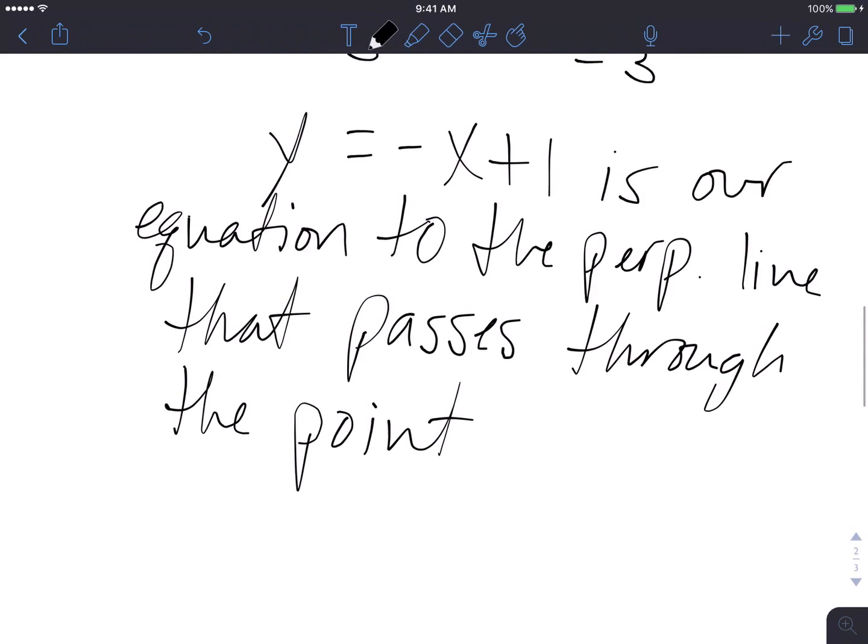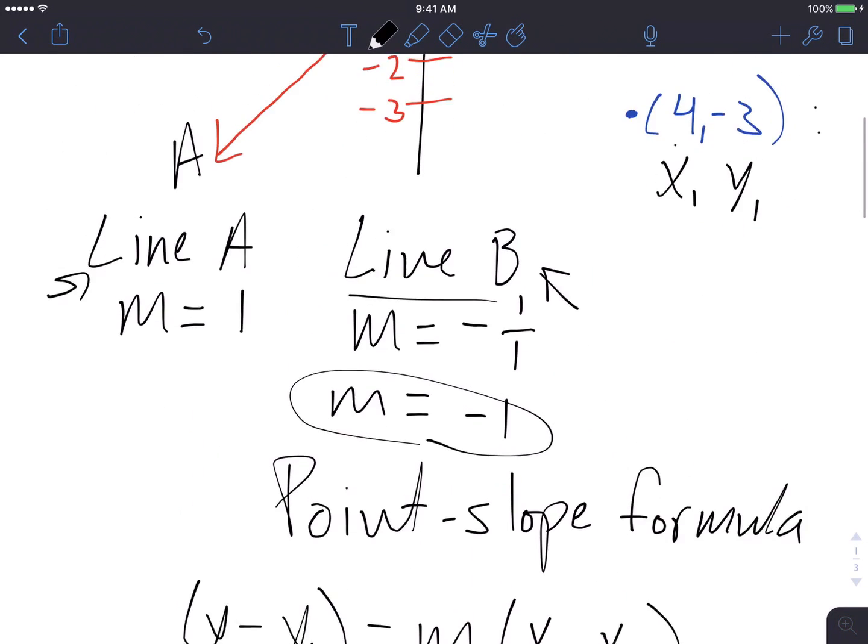Yep. 4, comma, negative 3. That's basically our answer, okay? And we're done. But I'm going to go ahead and just graph it.